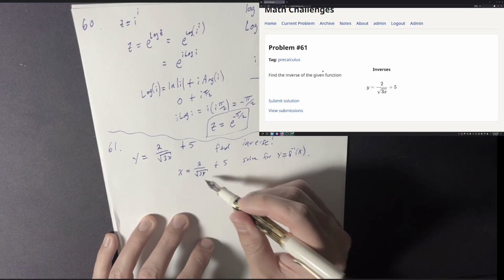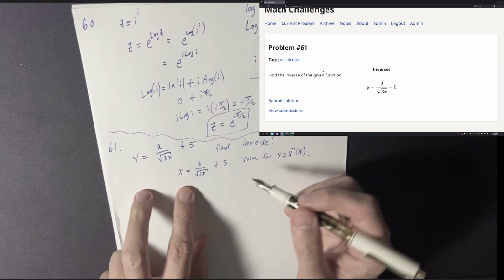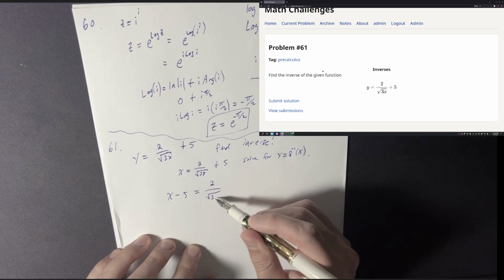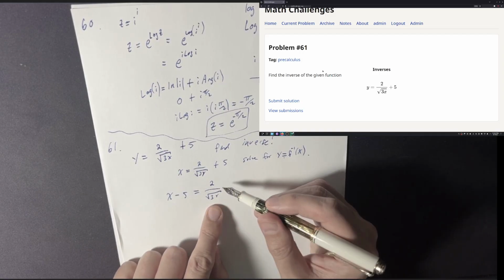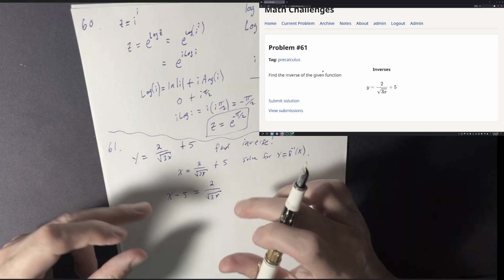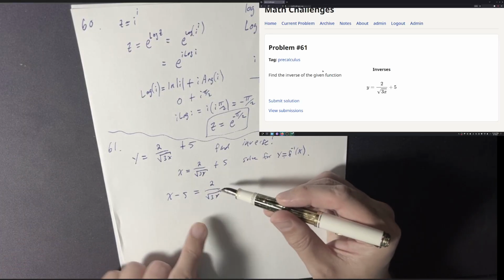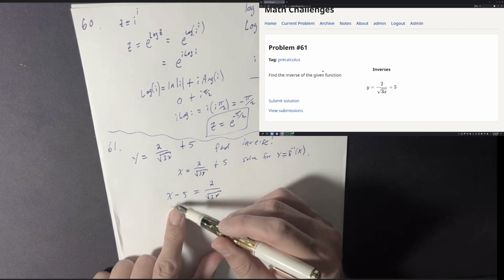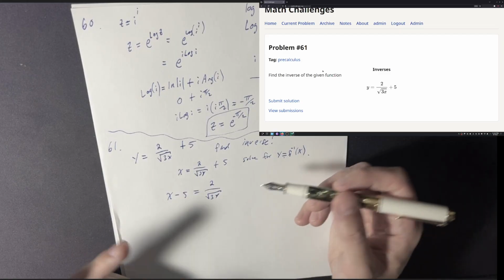Anyway, this is just some basic algebra. If you subtract 5 from both sides, you'll be looking at this. So you have this thing sort of isolated. I suppose you could take the reciprocal now if you want. I want to flip this upside down because I want the y on top. So you could just take 1 over this is equal to 1 over this, or you could square right now. It doesn't really matter which you do.